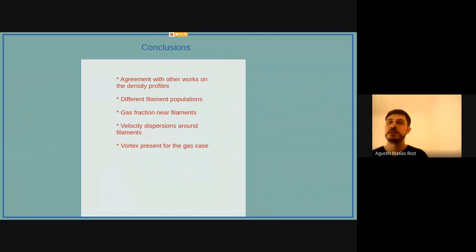But we are not very sure about this because the filaments were identified with the gas, so it could be a bias. We also see that the velocity dispersion is different for gas and dark matter. And we also see a vortex that is present for the gas, but it is not present for the dark matter. And that the gas is being accreted more efficiently through a filament. So this is all. Thank you.